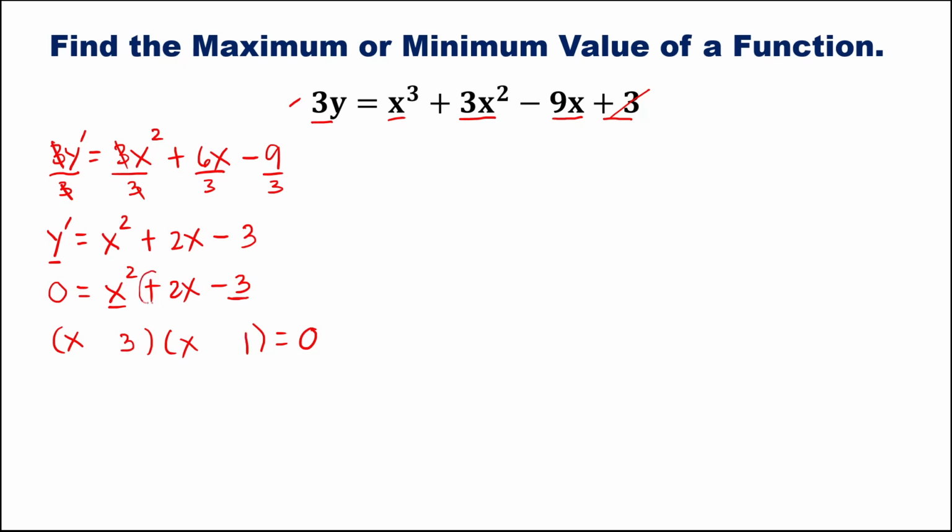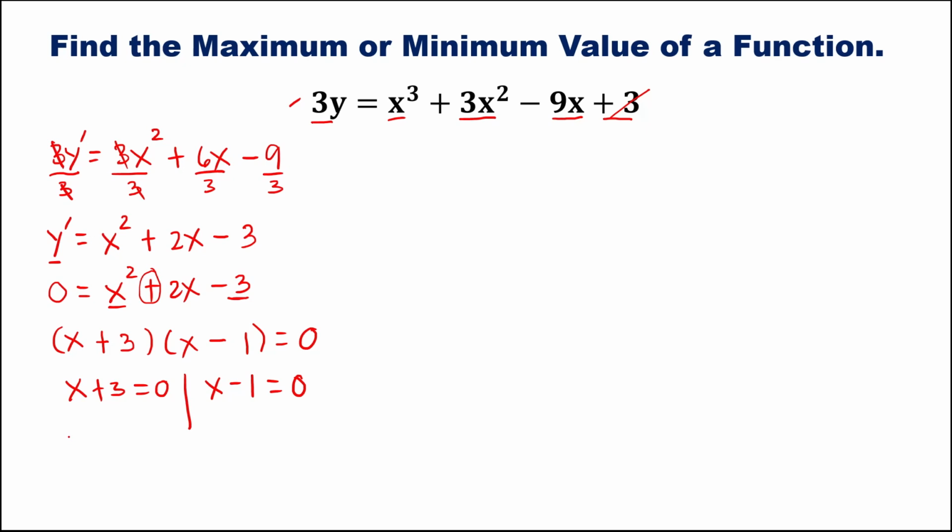Since the middle term is positive, the sign of the bigger number must be positive and the smaller is negative. So from these two factors, we need to equate each to 0. So this is x plus 3 equals 0, and the other one, x minus 1 equals 0.